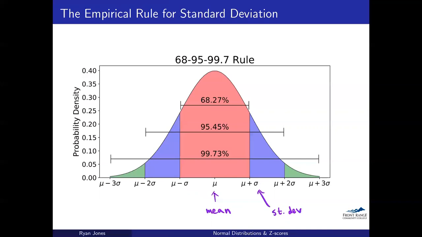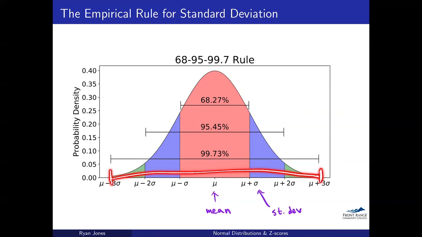Basically, almost all of it. So what that means is that the remaining 0.27% is outside of this region right here, meaning that it's greater or less than 3 standard deviations away. So it's saying it's really hard to do that.